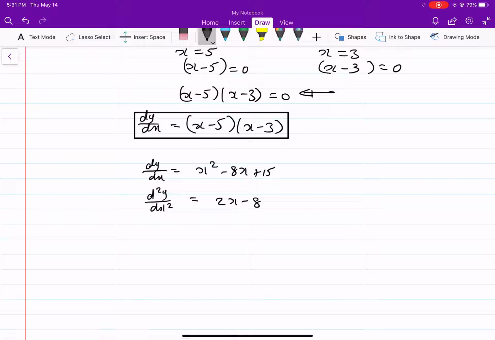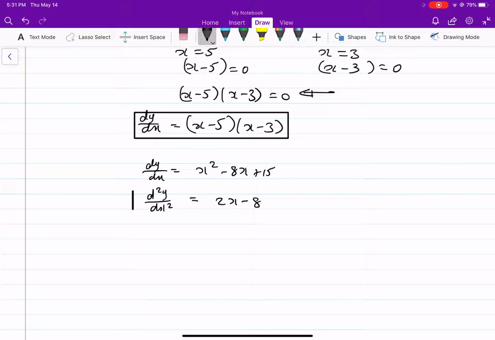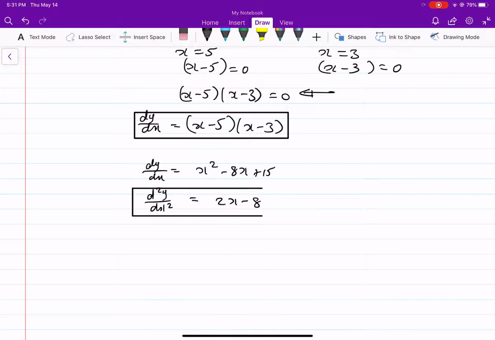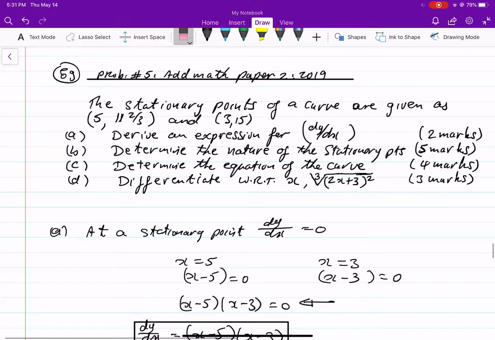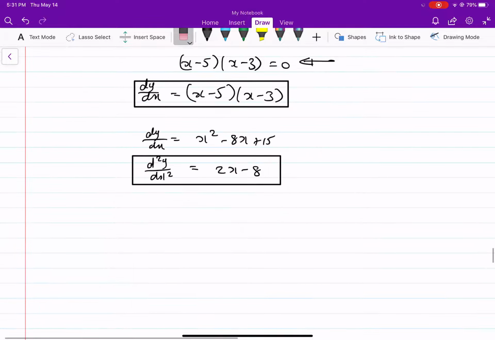We could do that in our sleep. I know all y'all can. That's the second derivative. And you test your stationary point by plugging in the x coordinate of the stationary point into the second derivative. So the first stationary point has coordinates 5 and 11 and 2/3.